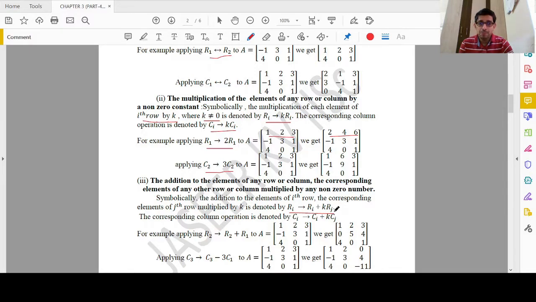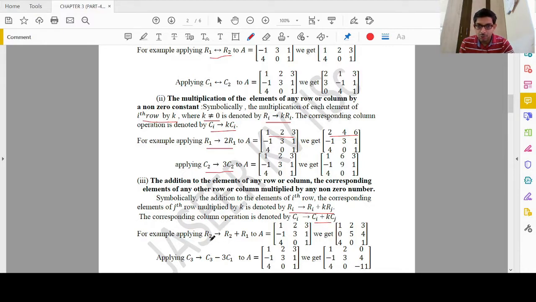That means multiply the elements of the jth row by k, then add them to the corresponding elements of the ith row. Similarly, Ci changes to Ci plus k times Cj. This means that the elements of the jth column multiplied with k are added to the ith column.